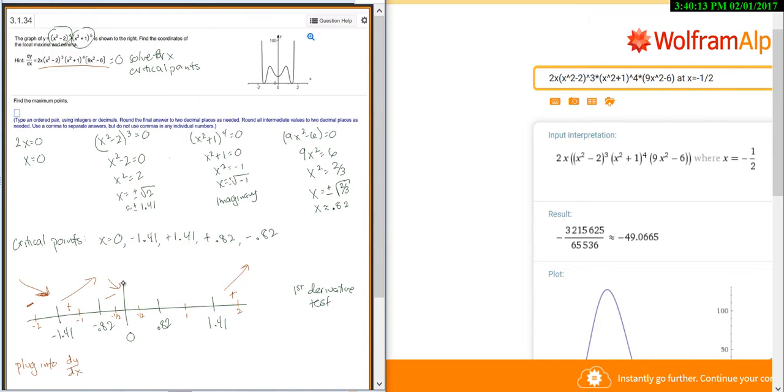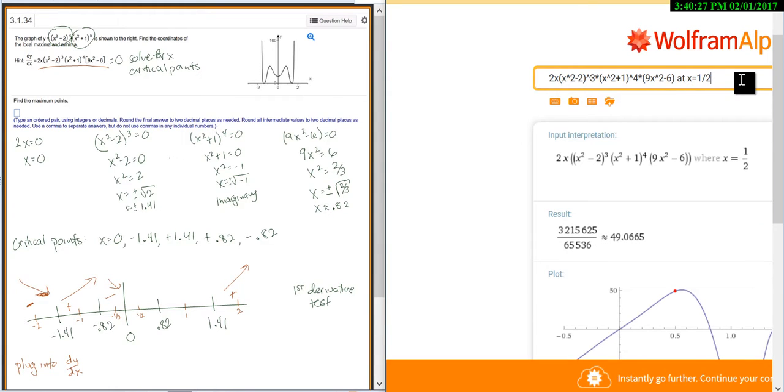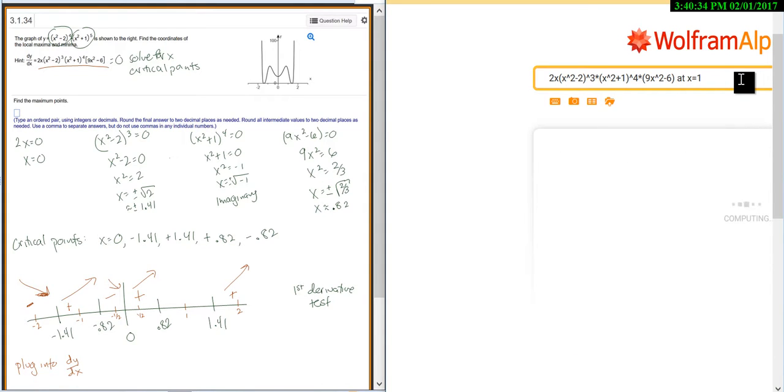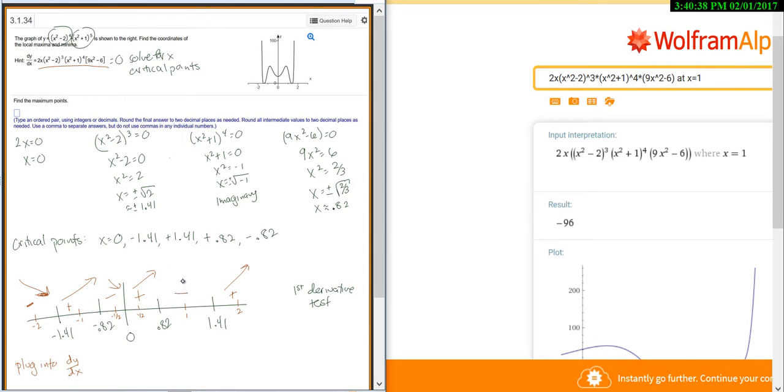Now, sometimes people get tired of checking all of these and they just say, okay, it's going to go every other one. But that's not true. You should always check every one, because you might get a circumstance where this one might change and be negative as well. Let's see. Nope, it's still positive. So we're going up. We'll check the 1. And we're negative, so my function is decreasing.